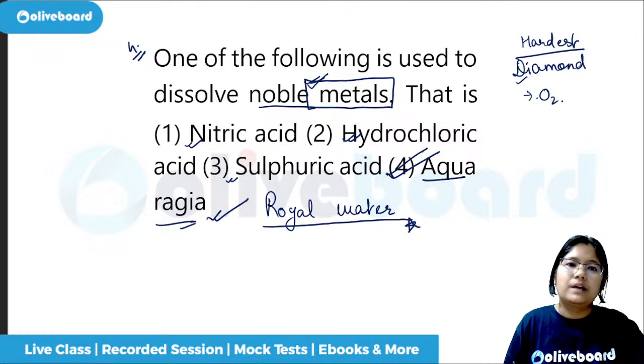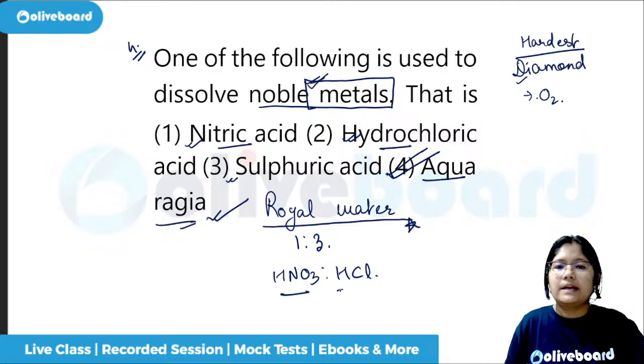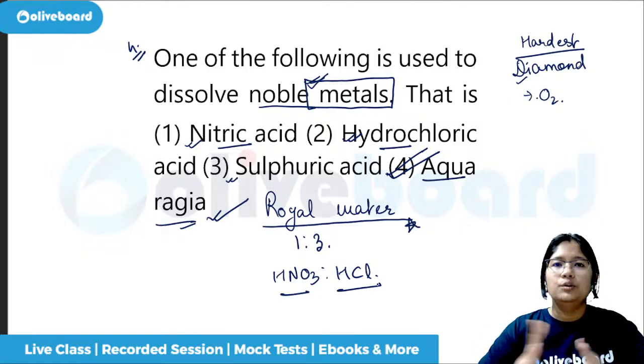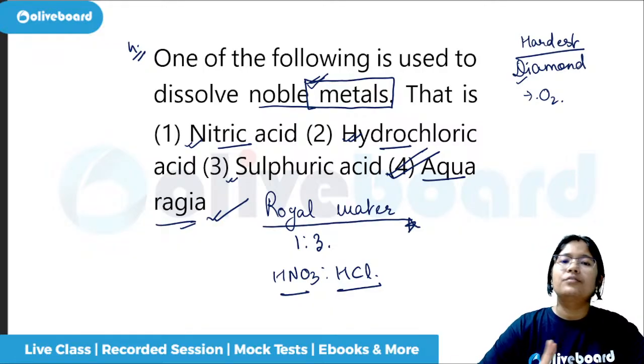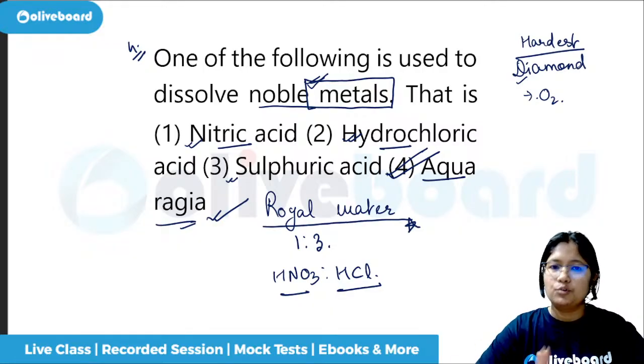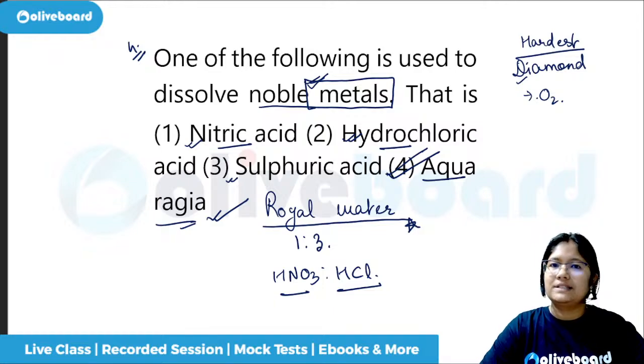It is nothing but nitric acid and hydrochloric acid, HNO3 to HCl, in the ratio of 1:3. This has to be freshly mixed, with 1 portion of nitric acid and 3 portions of hydrochloric acid.